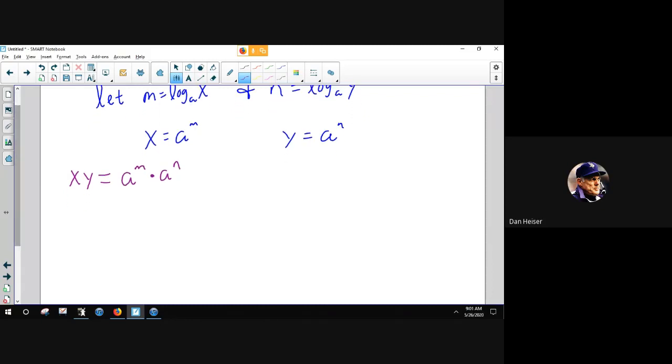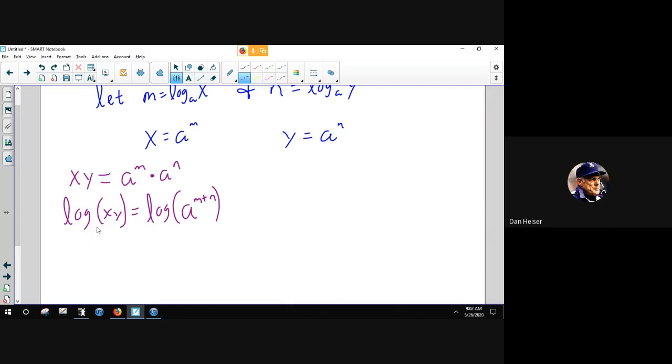Now I'm going to take the log of both sides. And I don't care what base it is. It does not matter what base I'm using here. Also, I know that A to the M times A to the N, using the laws of exponents, is just A to the M plus N.